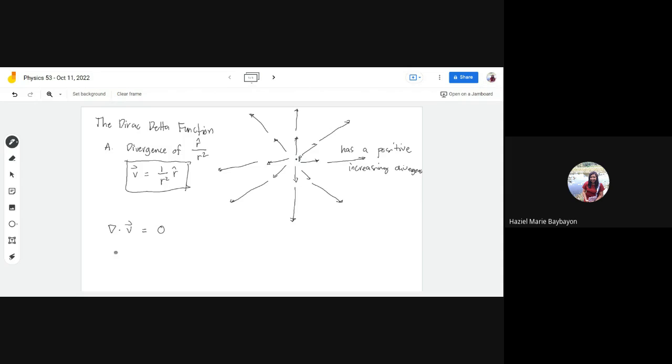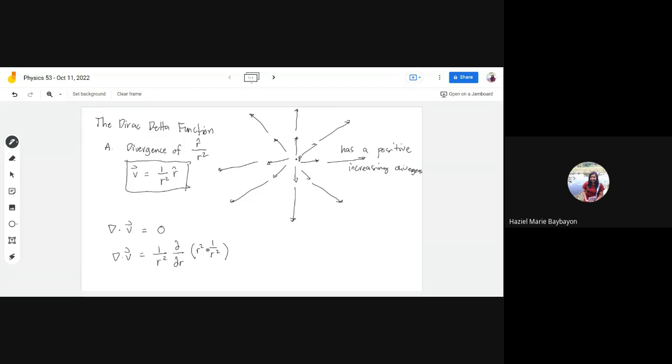However, if you actually get the divergence of V, for spherical coordinates, you have 1 over r squared multiplied by the partial derivative of r squared times the radial component, which is 1 over r squared.